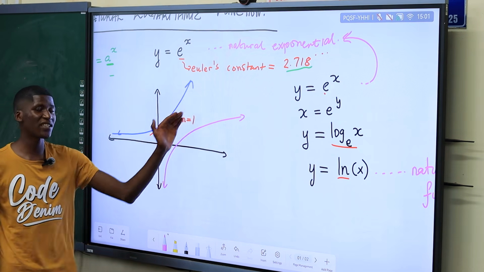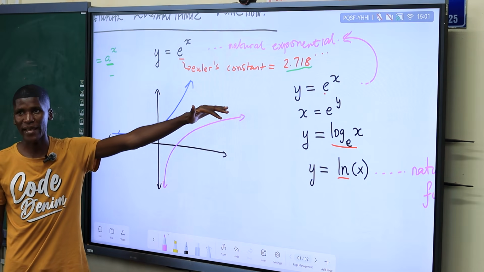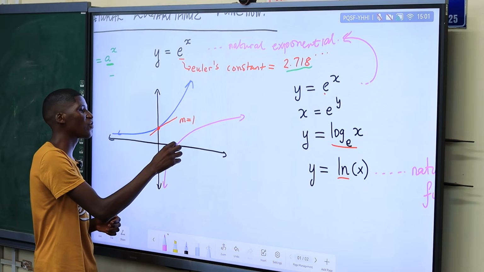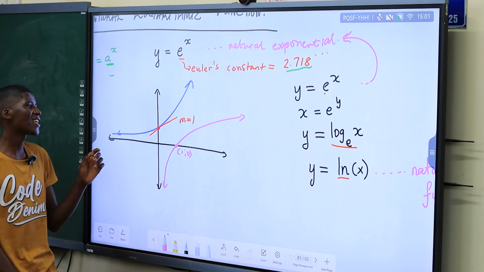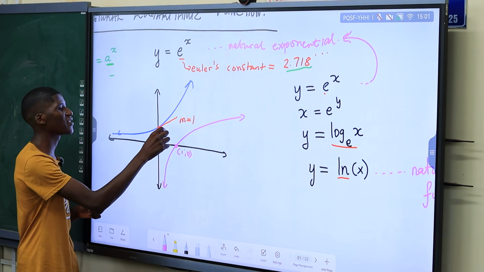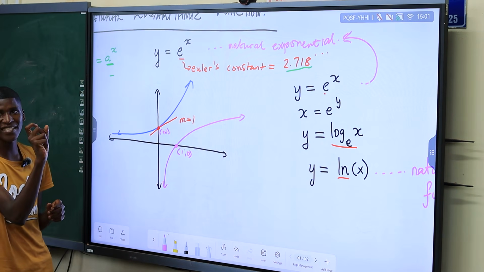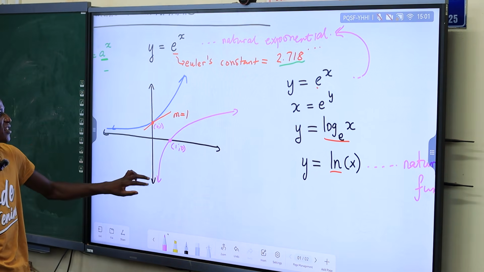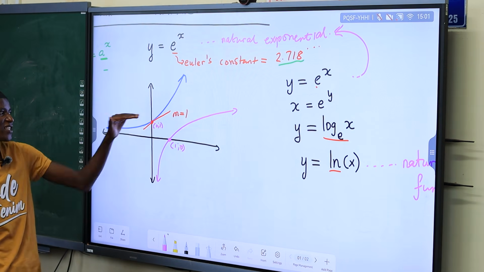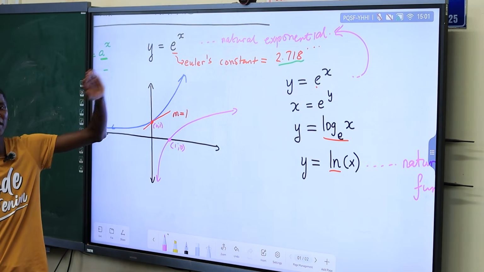Even the logarithmic one is increasing. And obviously here it will intercept at the point (1, 0). Because it's an inverse: if I notice that a point is (0, 1), I interchange. Do you get the sense? Yes. So this is a natural logarithmic function. This is a natural exponential function.